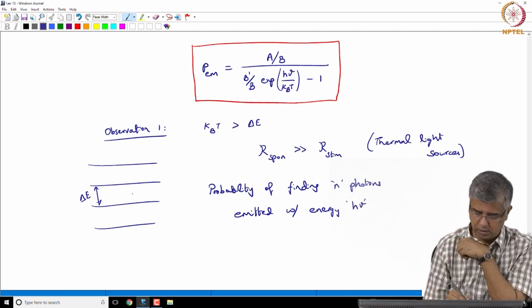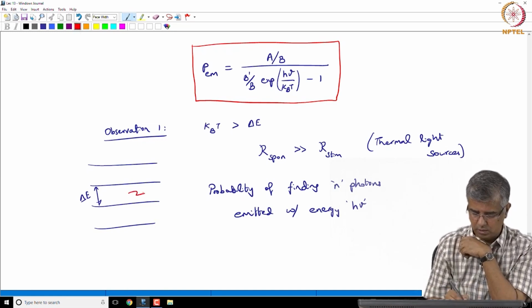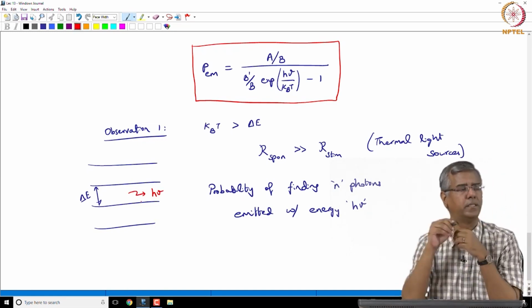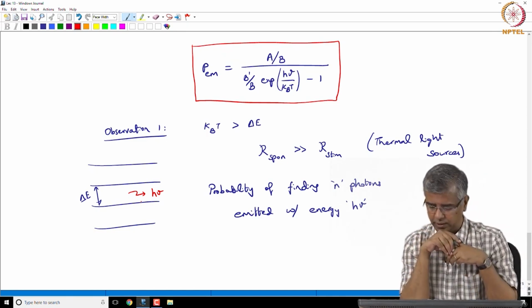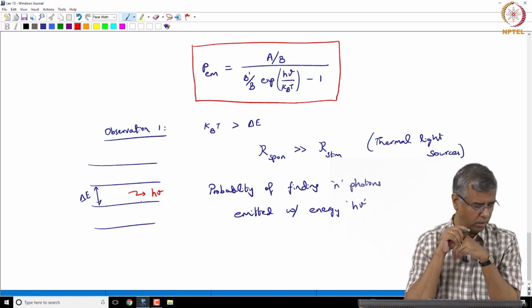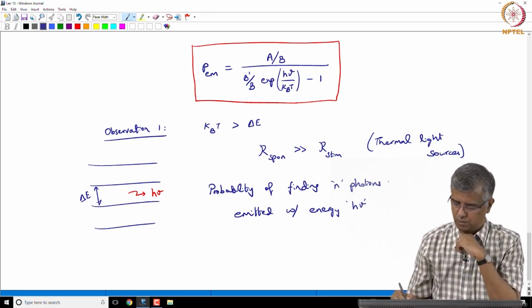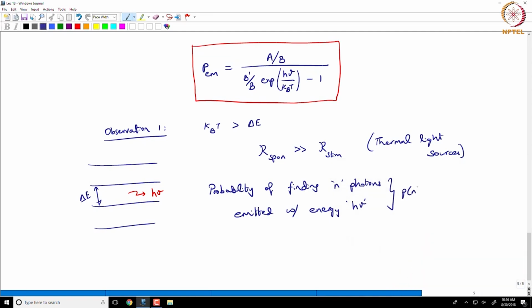So, we are basically talking about emission with energy h nu corresponding to the energy difference between the two energy levels, that we can call P of n, right.